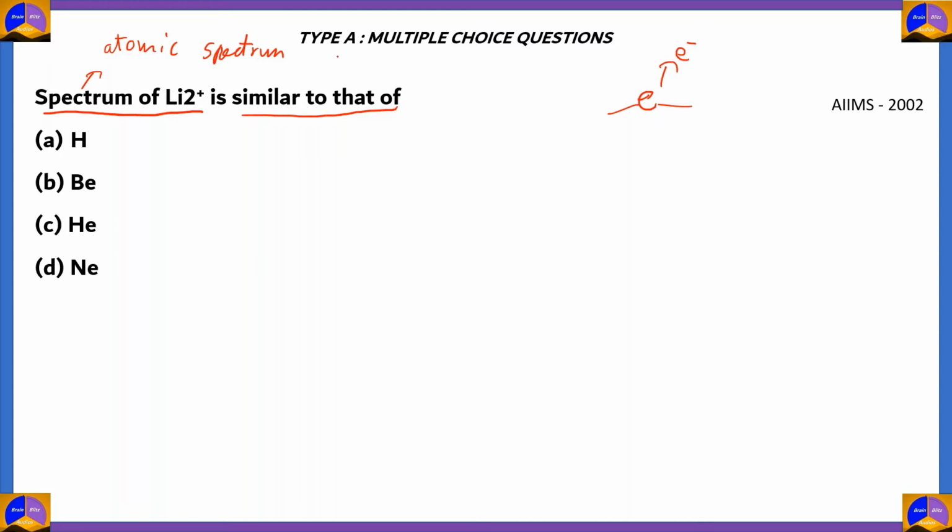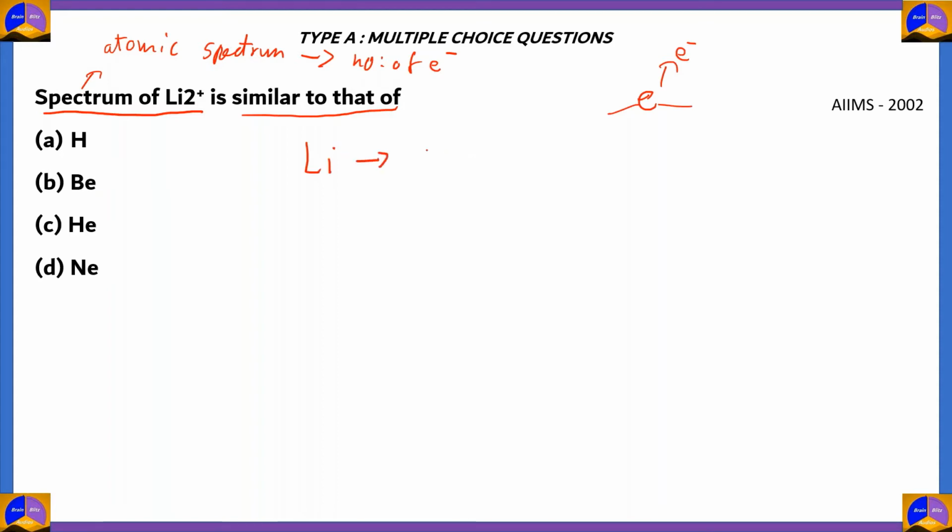This atomic spectrum is reliant on the number of electrons. So elements, compounds or ions with the same number of electrons would have the same atomic spectrum. So over here, we have the spectrum of Li2+.